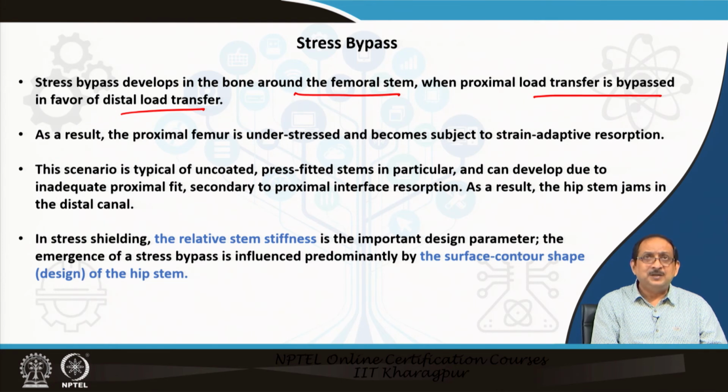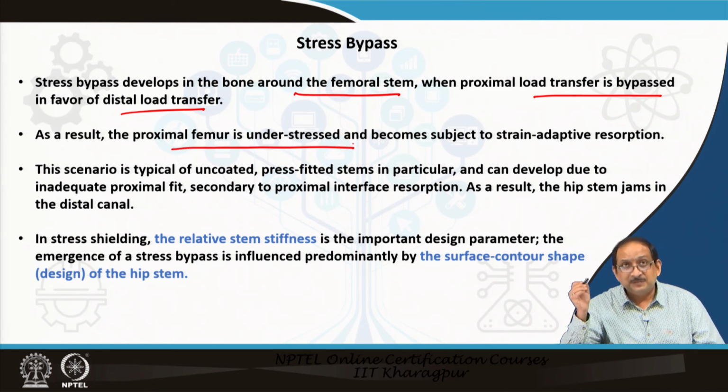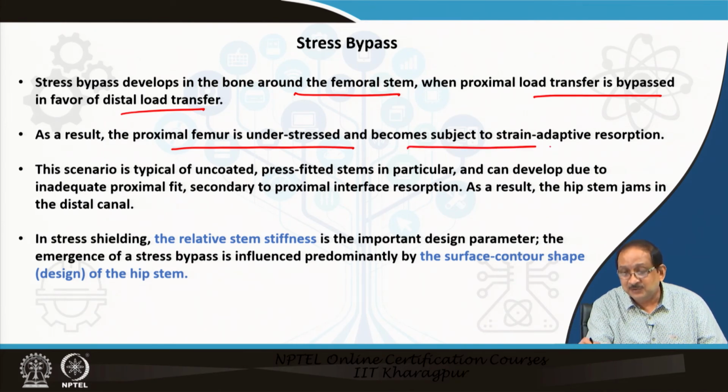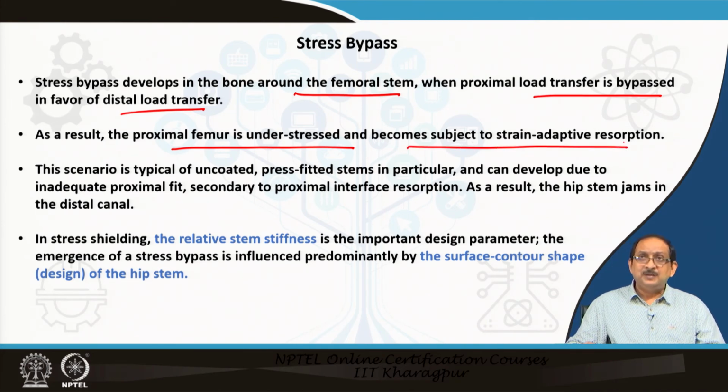As a result, the proximal femur is under stressed and becomes subject to strain adaptive bone remodeling and resorption. This scenario is typical of uncoated press fitted stems in particular and can develop due to inadequate proximal fit secondary to proximal interface resorption.